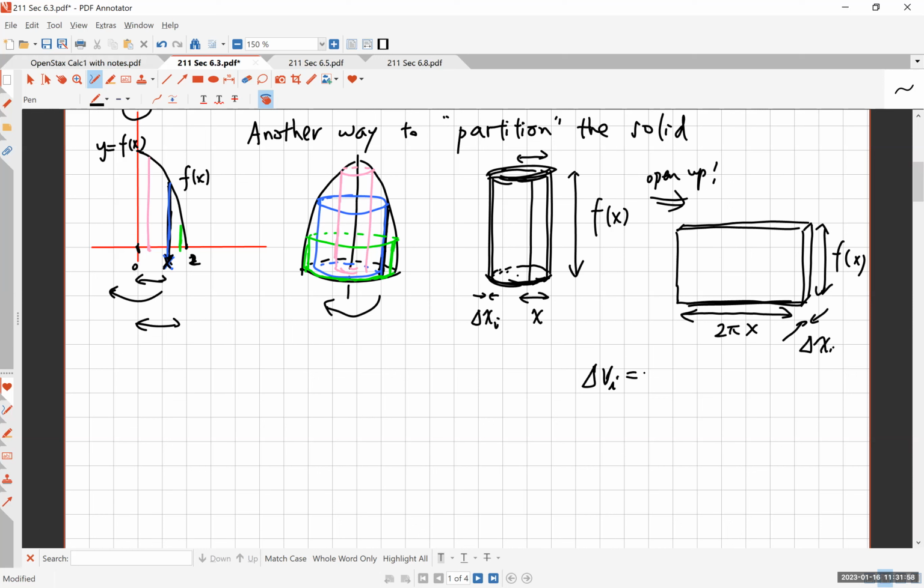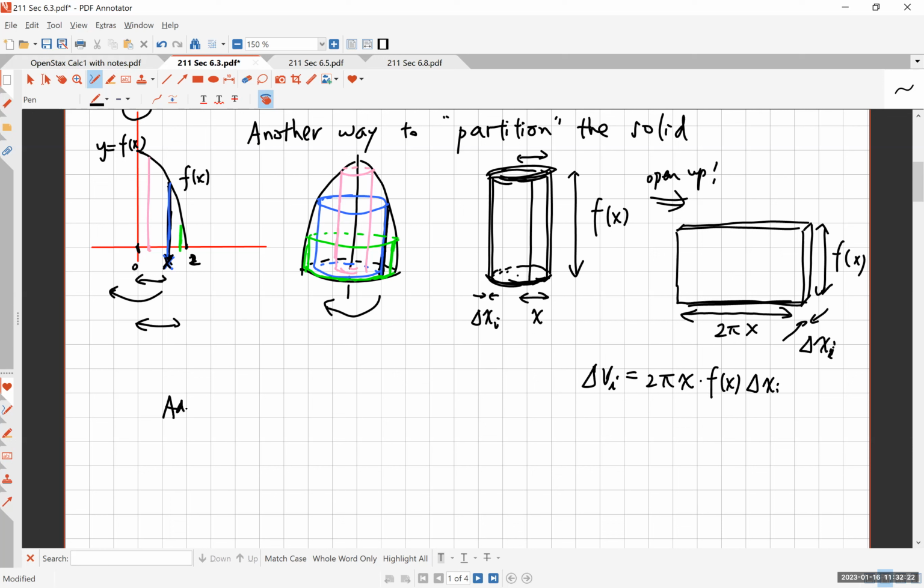So the volume of the ith cylindrical shell is going to be basically the volume from multiplying these 3 dimensions. So it'll be 2 pi x, which is the circumference, times the height times delta xi, right?